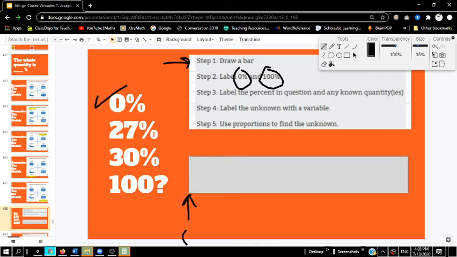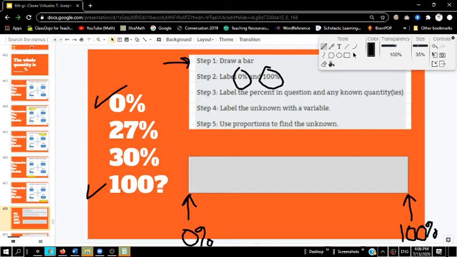We have not represented anything in this bar model yet, okay? But if we continue across the line, we can find different percentages that are represented in the bar model. 100% would be at the way other end. So, what about 27 and 30? How do we figure out those?